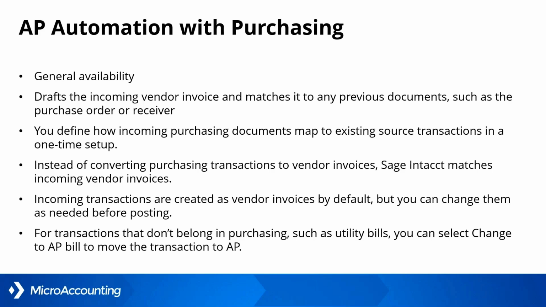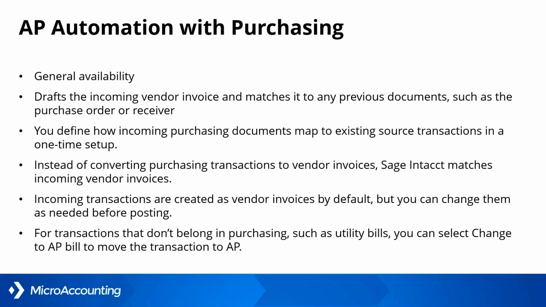AP automation rolled out a couple of releases ago for general availability, and that has allowed our clients to have vendors email their invoices directly in, or they upload their invoices directly into Intacct, and they are then processed through Intacct and coded with vendor information, all the information that's on that invoice, so that you are then just reviewing that before you post that invoice and create that AP bill. So we're very excited that this is now rolling out with purchasing.